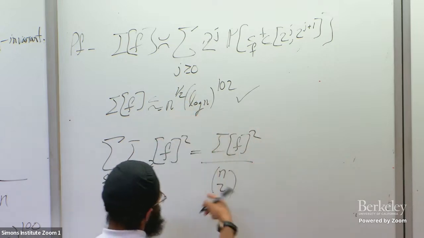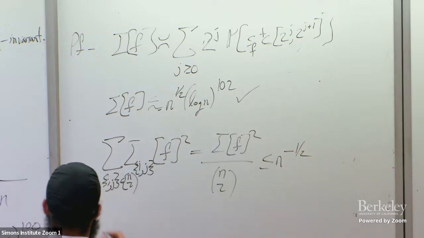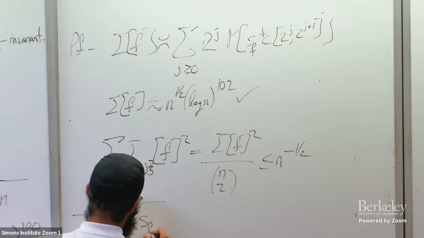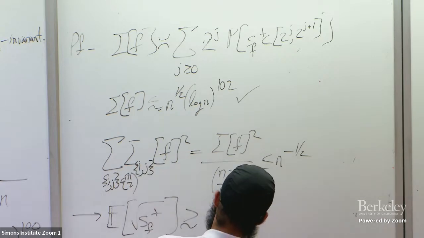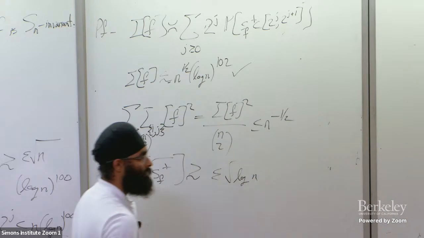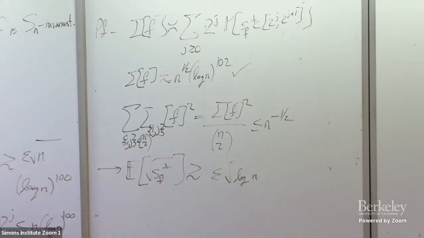And if you plug this in this is less than n to the minus 1/2, say. So in particular, this lets you derive that the expectation of the square root of the sensitivity is at least epsilon times square root of log n. That's just using the theorem of Eldan and Gross, the other authors.